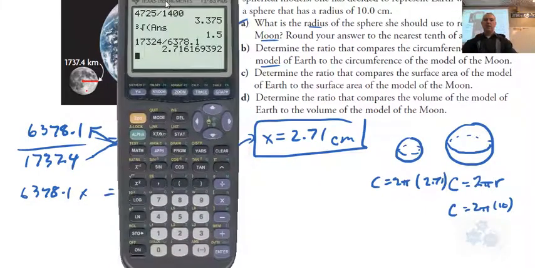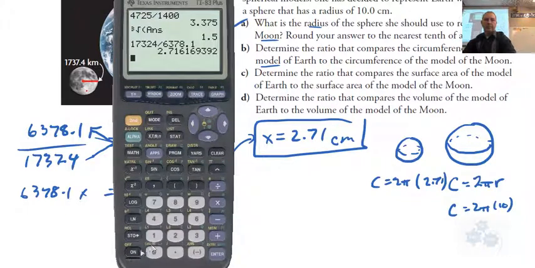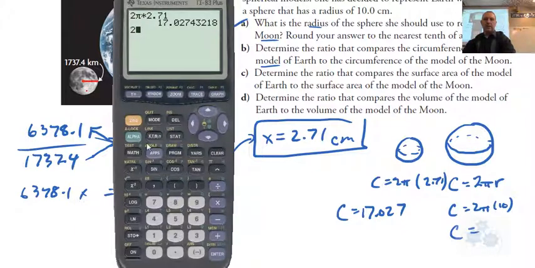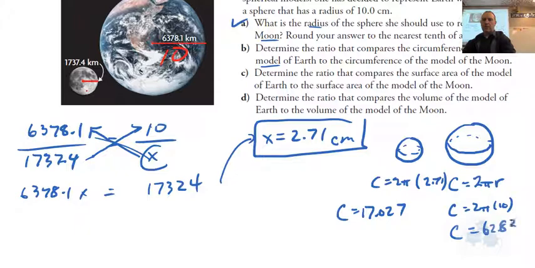Okay, so again, get on your trusty calculator here, and we'll use the pi button whenever you can. So 2 times pi times 2.71 is going to be, looks like, 17.027. And the circumference here is going to be, well, 2 times pi is about 6.28 times 10, so 62.83.